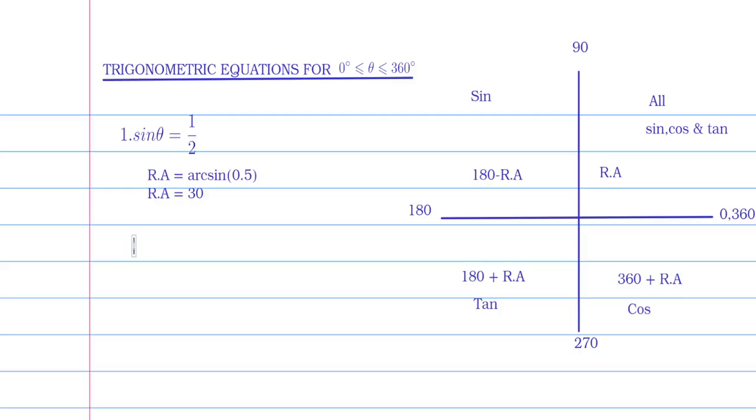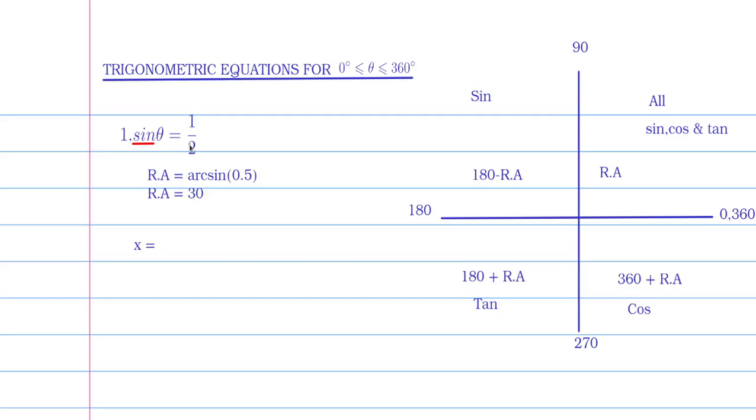So the first theta is going to be, now let's look at this one more time. The ratio we have is sine, and then the sign of the value of the ratio here is positive. There is no sign, which means it's positive.